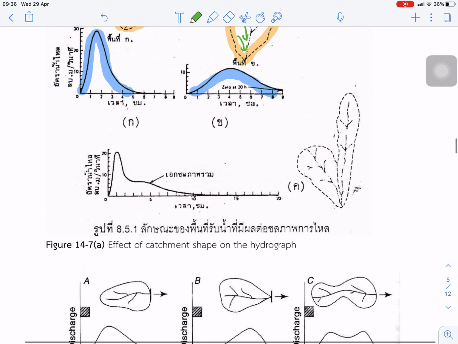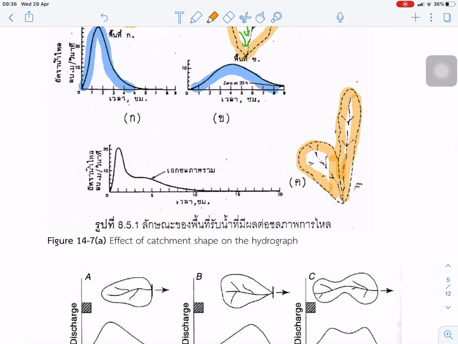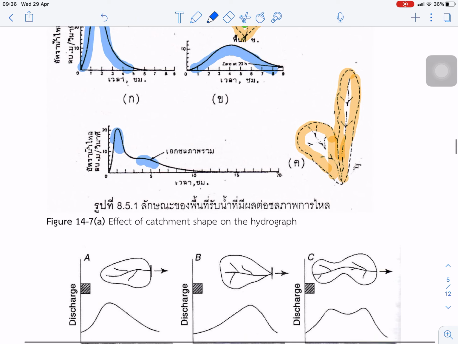And if you have two catchments, a circular and a long one, we expect two peaks, the combination of the hydrographs.